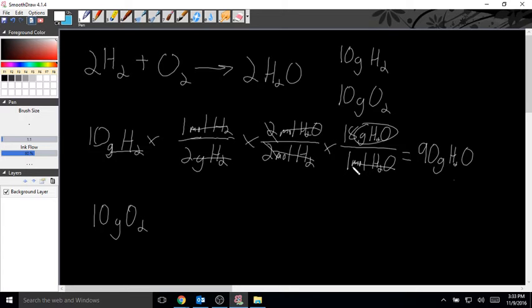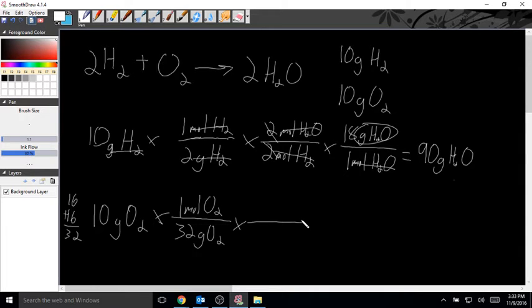Now let's do it again. This time I'm starting with 10 grams of O2. Essentially the first one, once again, is 1 mole of what I'm starting with, in this case O2, all over the molar mass of O2. I know 1 oxygen is 16, 2 oxygens is 32. Now I need to go from moles of oxygen to moles of H2O.